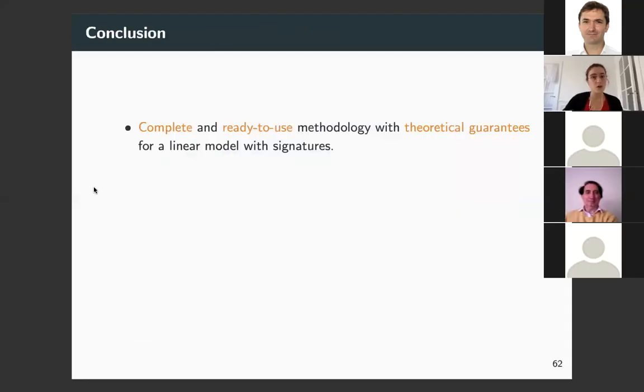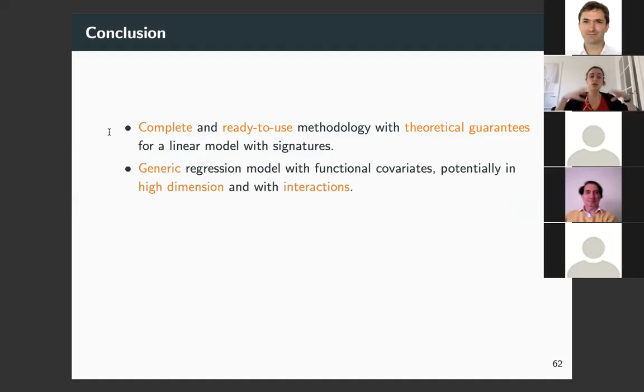To conclude, we were able to have theoretical guarantees on a linear model with signatures, a model that can be implemented in practice, and which is generic. It has really few assumptions on the data because we can have any dimension on the data and we can have interactions between the different dimensions. We don't make any assumption that the function f has a specific form, it just has to be kind of continuous, but nothing more.